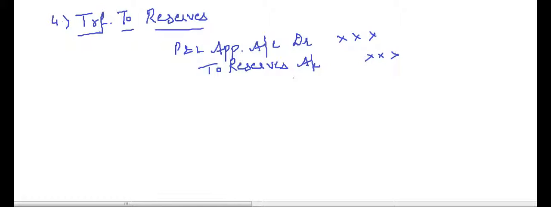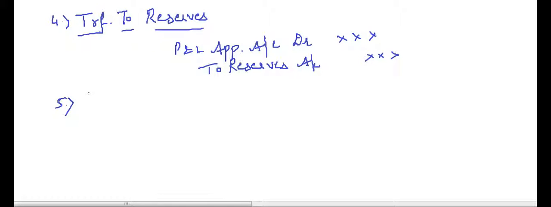So this is transfer to reserves, and what we finally get is, if you remember the profit and loss appropriation account, on the credit side we have the net profit that we get from the profit and loss account, and on the debit side we have interest on capital, then the remuneration paid to the partners, then the transfer to reserves.